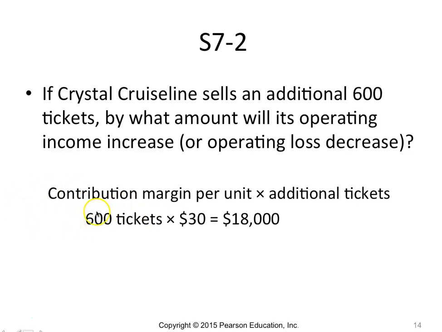So the 600 tickets is simply the pure profit we have added, because the fixed cost has been taken into account already. It's a very simple calculation, but it requires you to understand the relationship between the sales, the variable cost, the contribution margin, the fixed cost and operating income. If you know all the relationships between them, you're good to go.